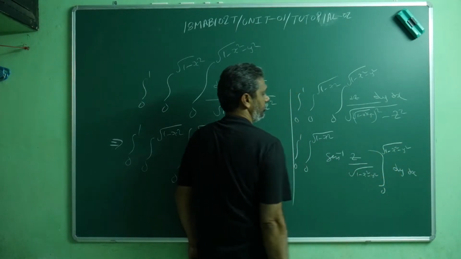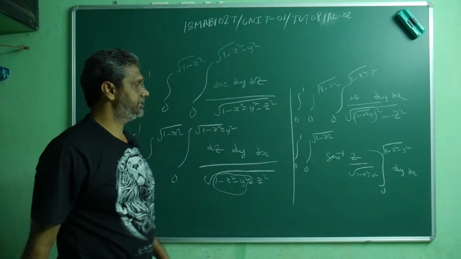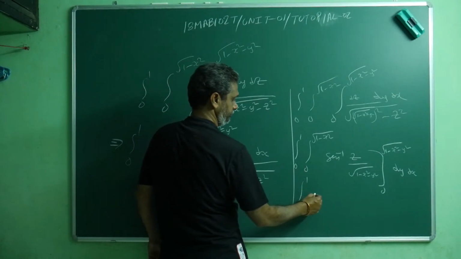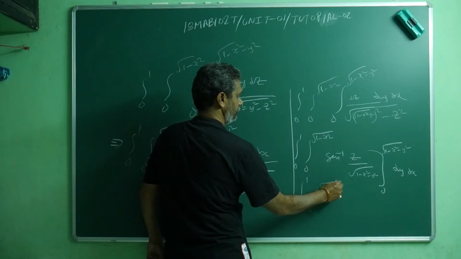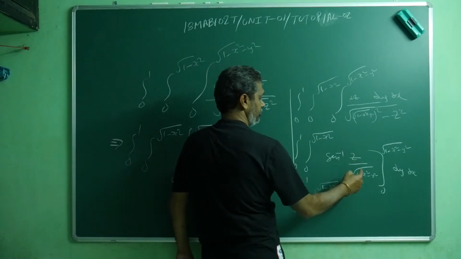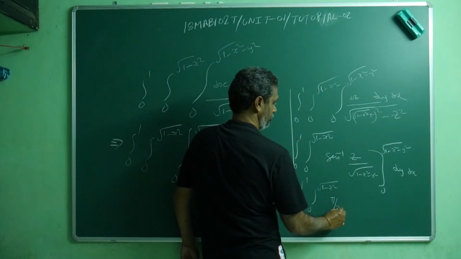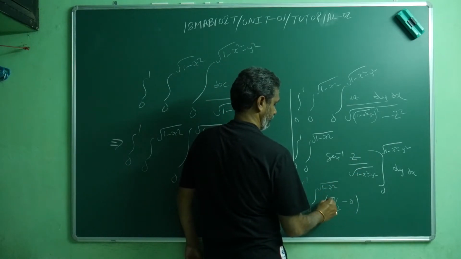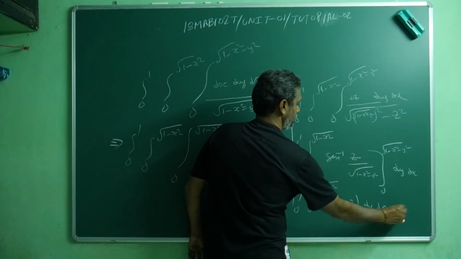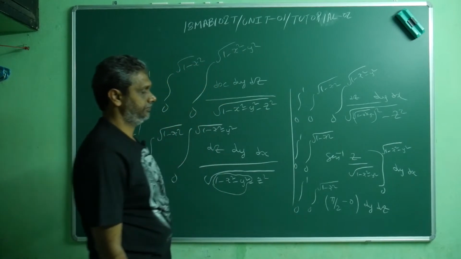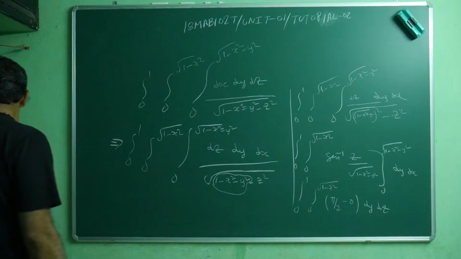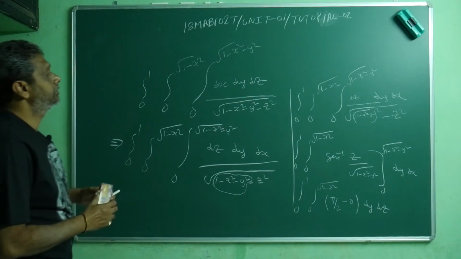Apply limit, upper limit, lower limit become vanish, upper limit only stands. So 0 to 1, 0 to root of 1 minus x square. This is sin inverse 1, you will get pi by 2, lower limit waste, dy dx. Any problem? Now take pi by 2 outside.